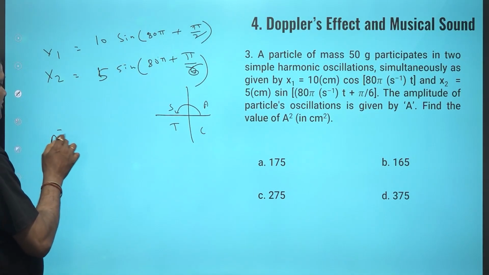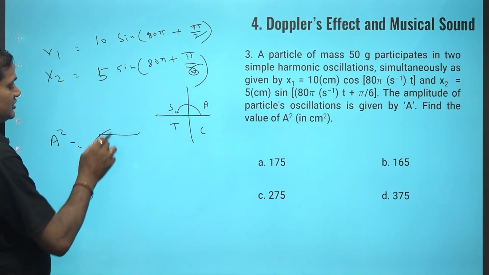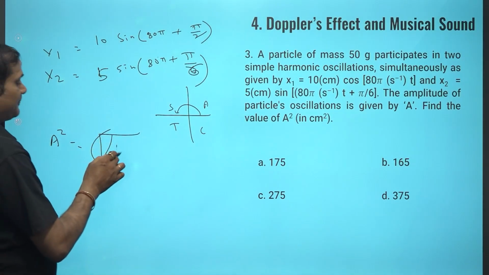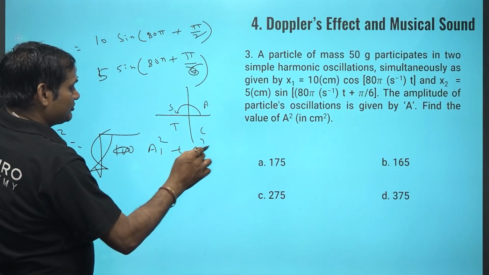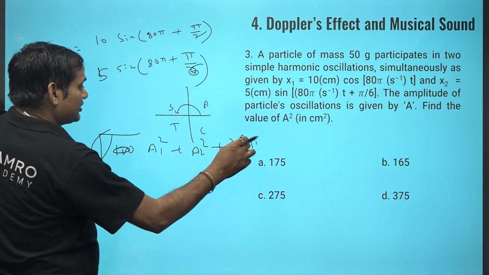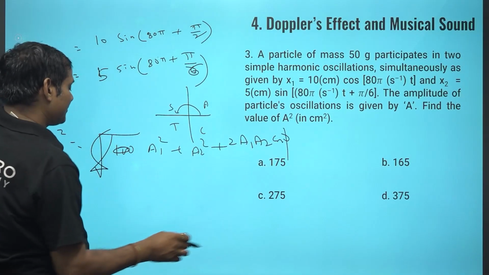Then we can write amplitude squared equal to a1 squared plus a2 squared plus 2 a1 a2 cos phi, where phi is the phase difference.